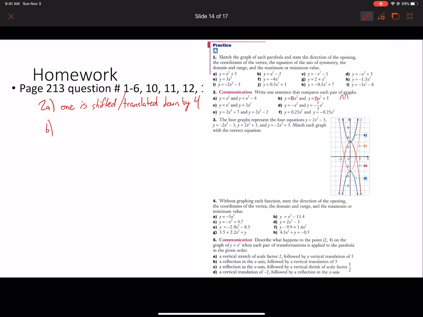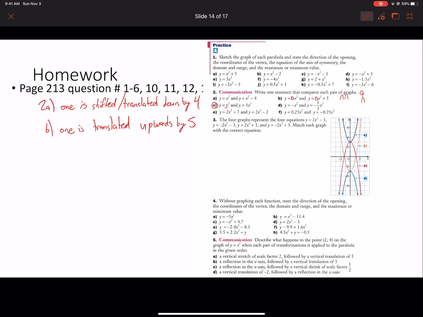They both open up downwards. But see this plus 5? If one is here, the other one's going to be shifted up by 5. So you say 1 is translated upwards by 5.